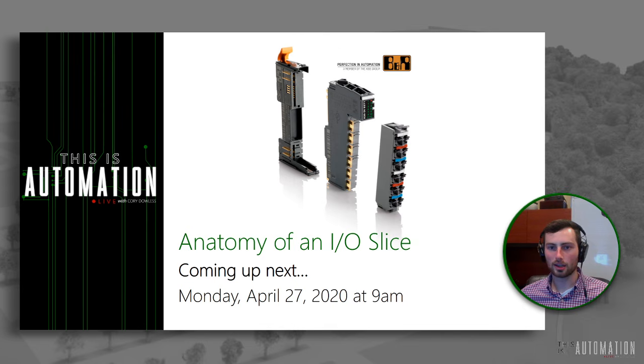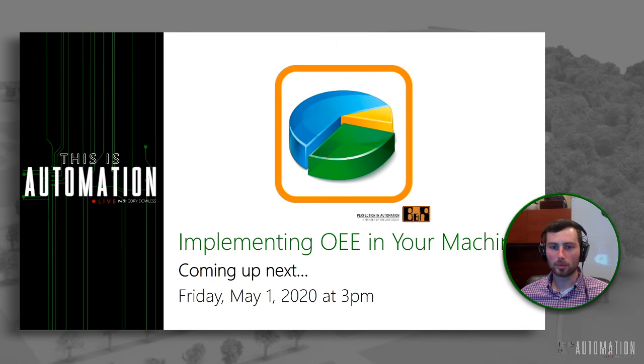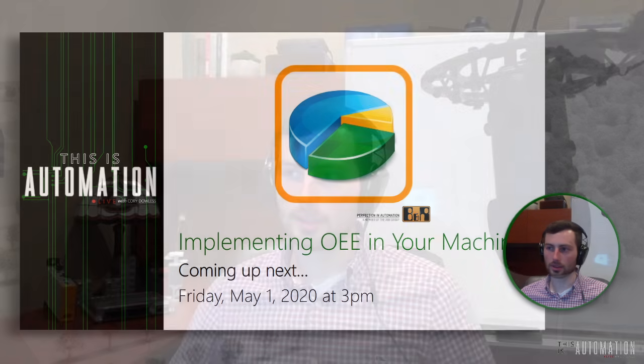And then again, we have implementing OEE in your machine. So for those of you that are interested in collecting data on your machine, aggregating that to get an overall picture of the health and effectiveness of your machine, this will be a good episode where we dive into some of the Automation Studio tools to do that, and also how to visualize that. So looking forward to talking through those.